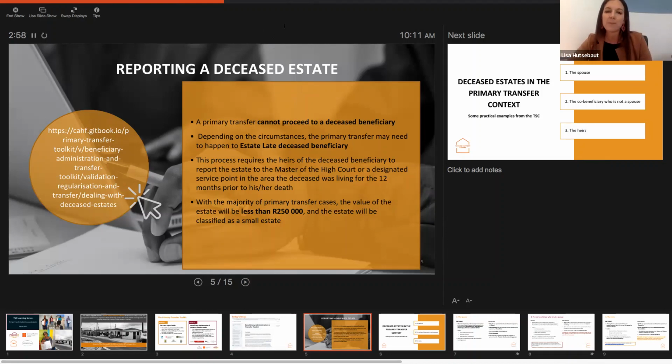And of course, with the primary transfer backlog, there is often a significant time lag between a beneficiary being approved and the state being able to pass transfer. So people pass away, that is the reality. And we're going to look at some specific examples and specific scenarios of where a deceased estate might be relevant with a primary transfer.